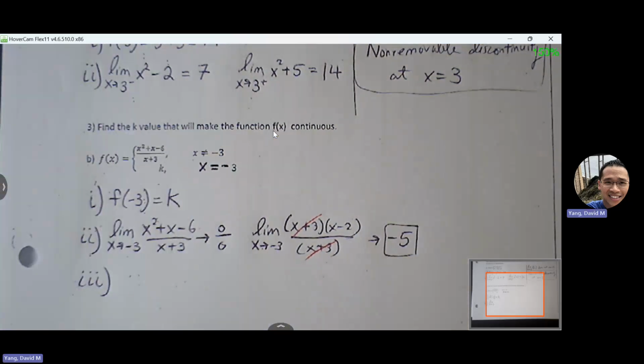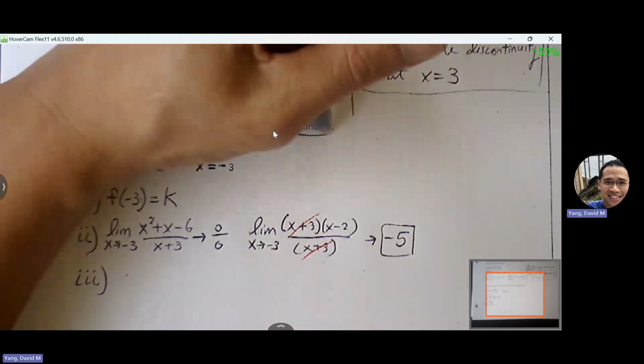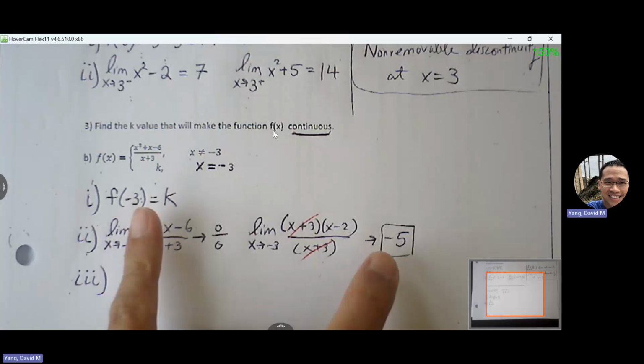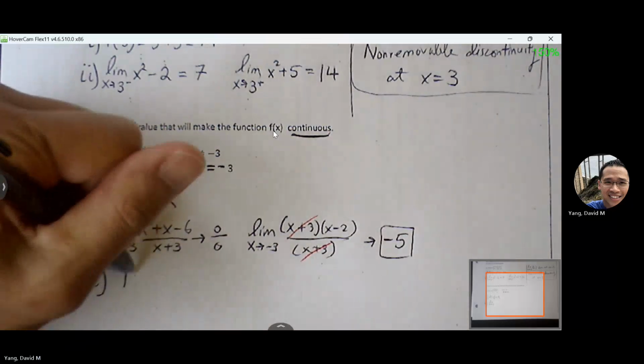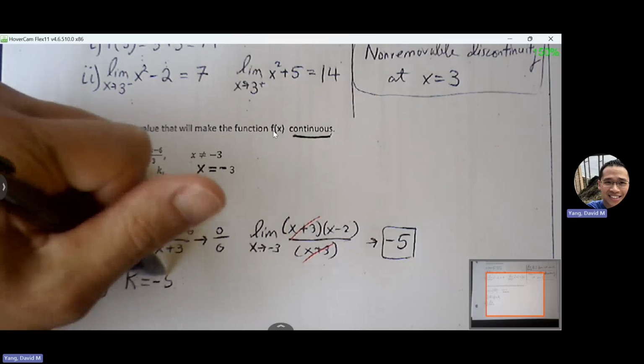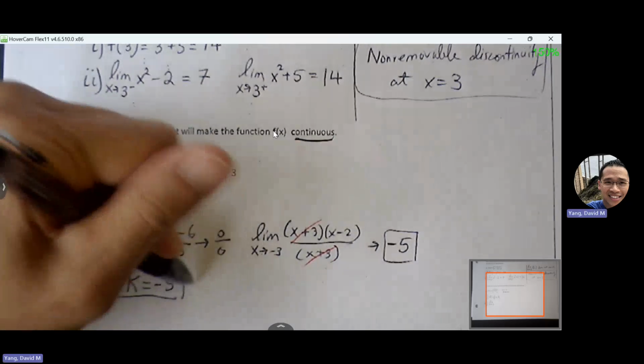I keep going. My limit passes, but I need continuity. I need all 3 conditions to pass. So that's going to force me to set these equal to each other. And I'm going to solve for k just by going through my conditions.